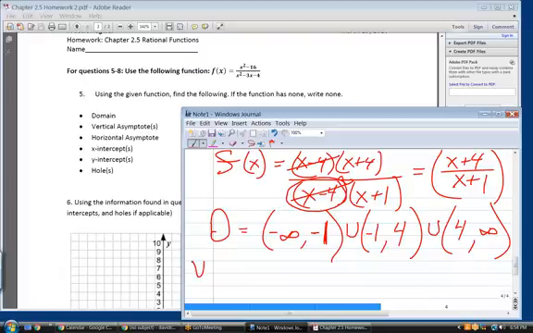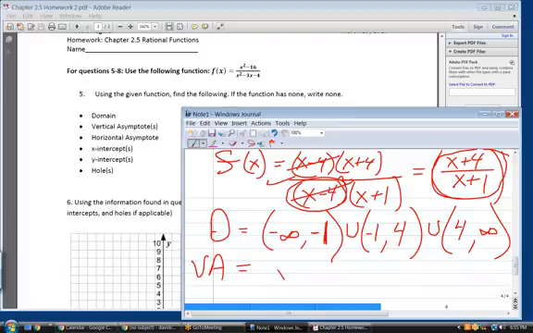So, vertical asymptotes. Now, to get vertical asymptotes, we're going to look at this function right here only. To get holes, we'll look at the original function. But to get vertical asymptotes, you always go from the function you end up with after factoring and canceling.